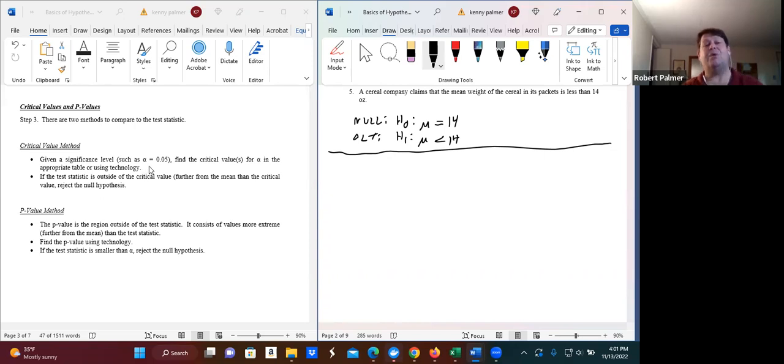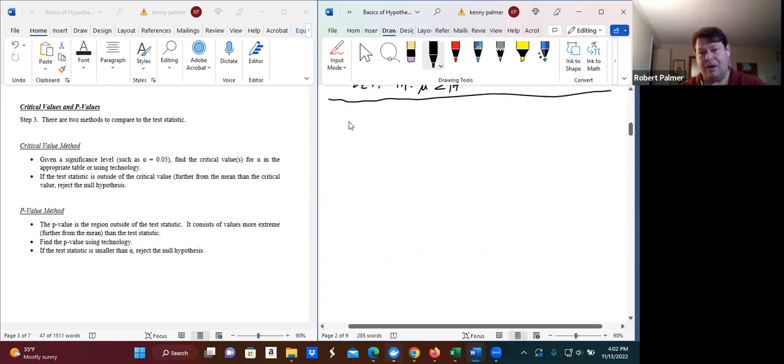These critical values depend on what alpha is. If the test statistic is outside of the critical value, further from the mean than the critical value, we reject the null hypothesis.